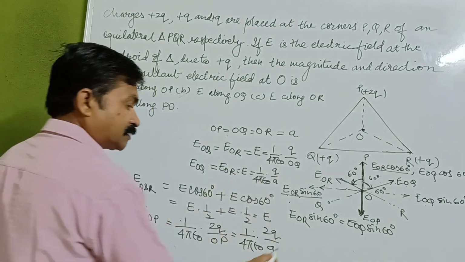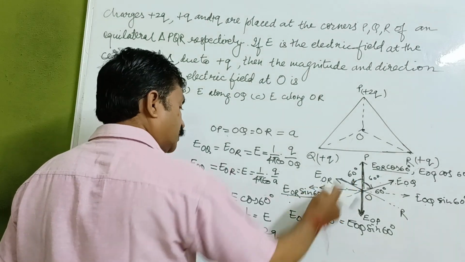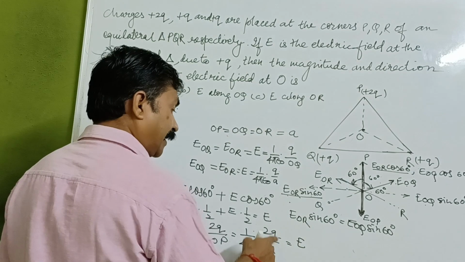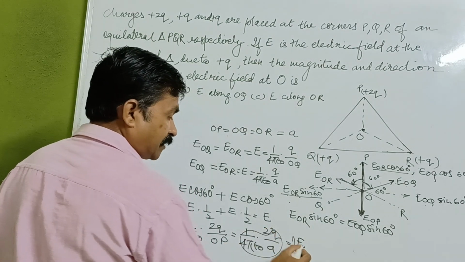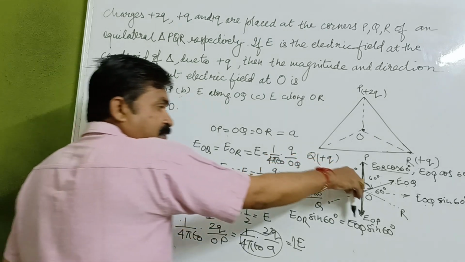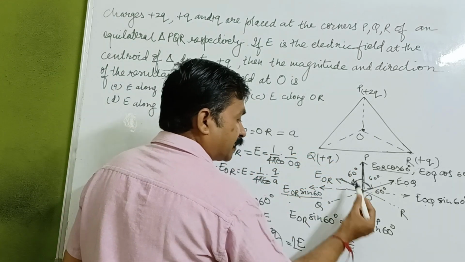E is given by this, so we can say the electric field at O because of P will be 2 times E. Now the 2 times E electric field is acting in this direction, and E is acting in this direction.